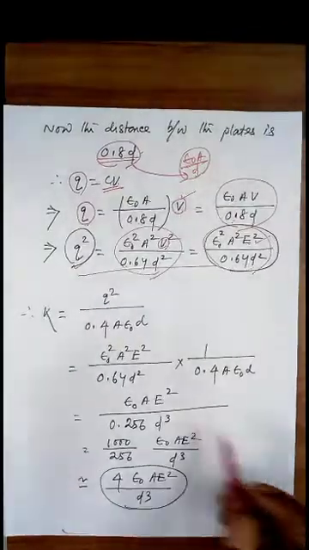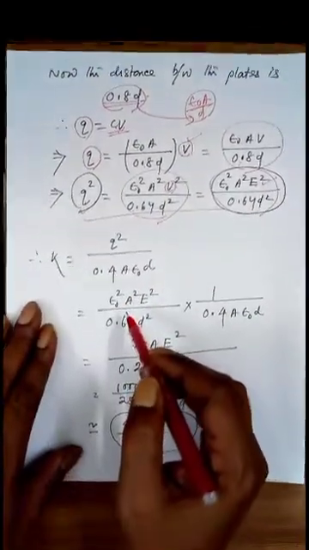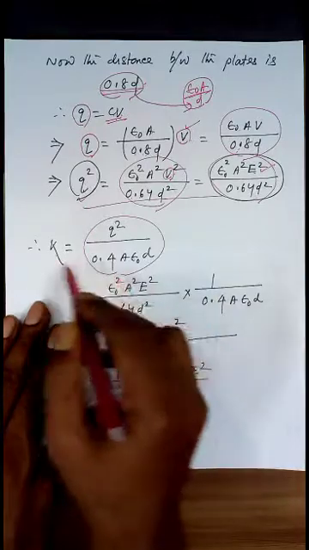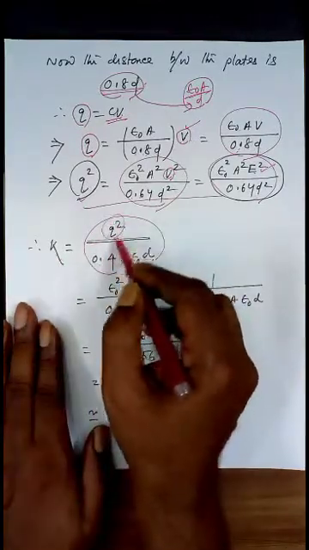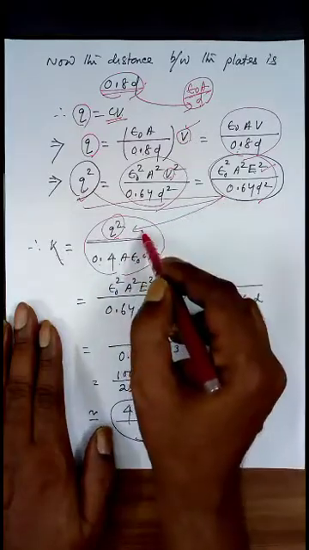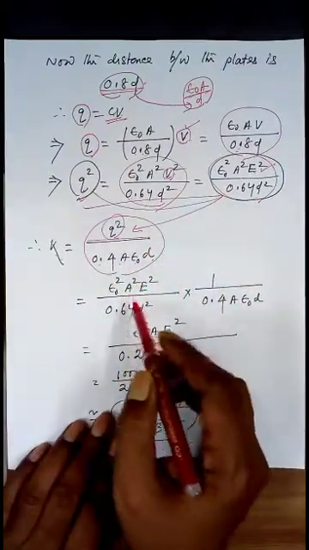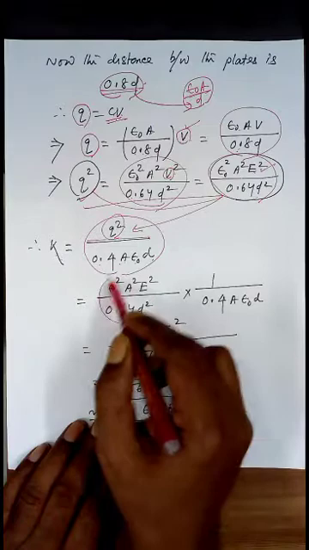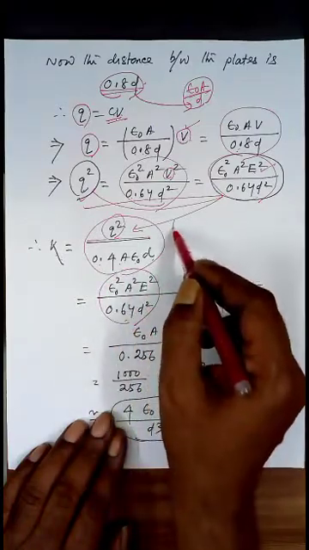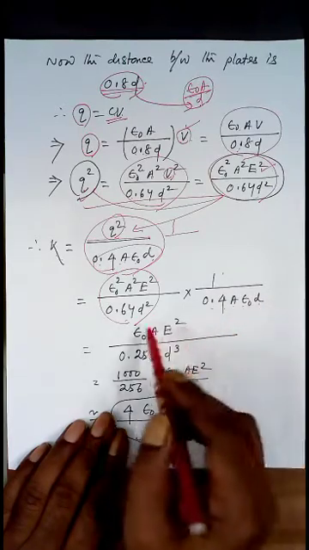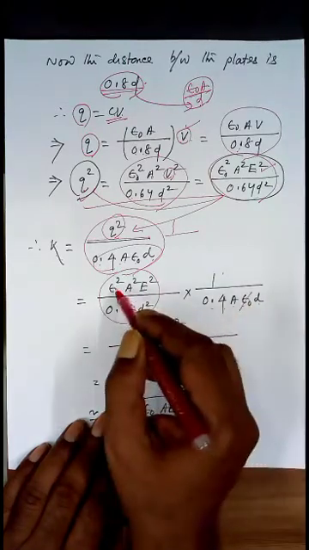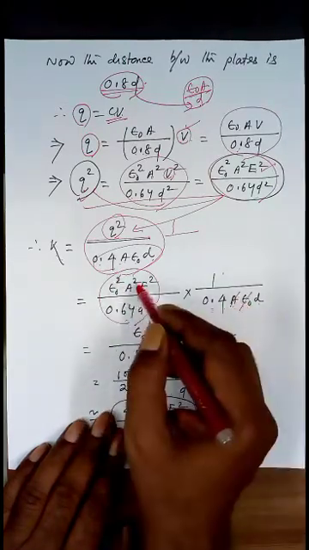So Q squared we have found out, and we substitute this value of Q squared in this expression to find k. In the previous page I discussed k equals Q squared over 0.4 A epsilon naught d. So for Q squared substitute this value, multiplied by 1 over 0.4 A epsilon naught d. One epsilon naught cancels and one A cancels.